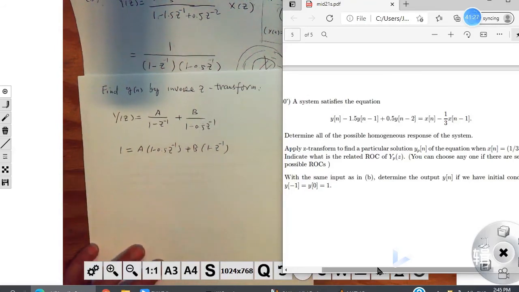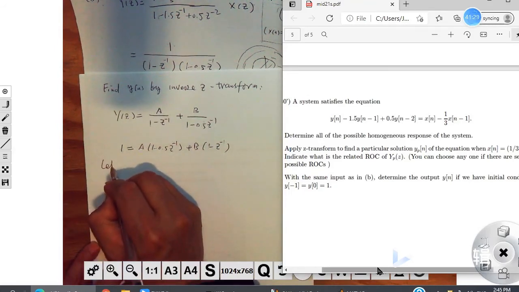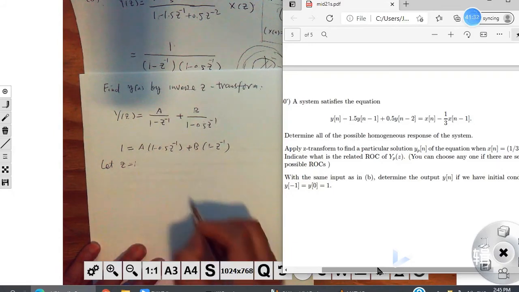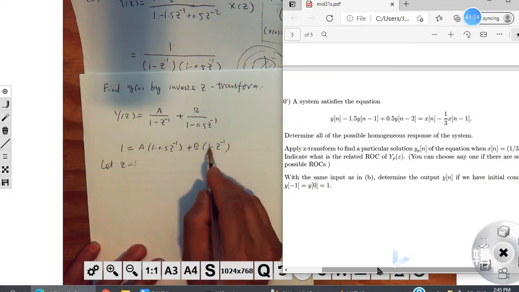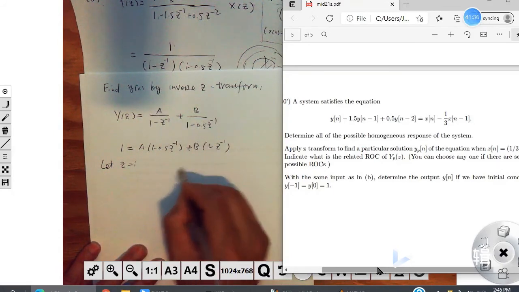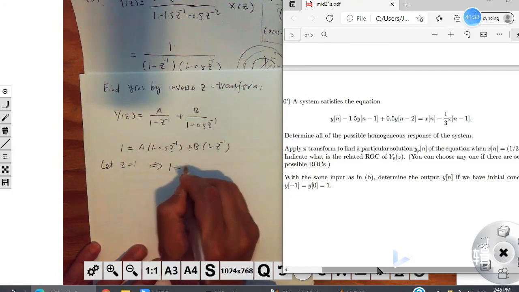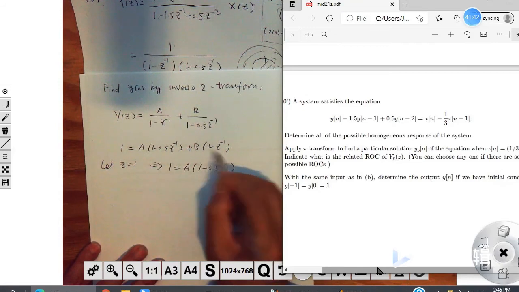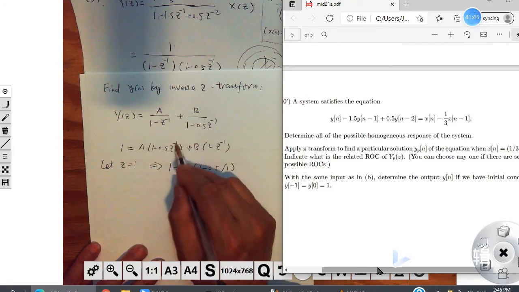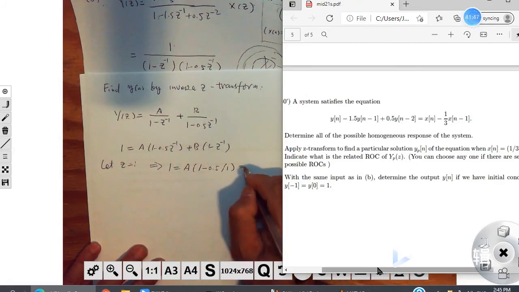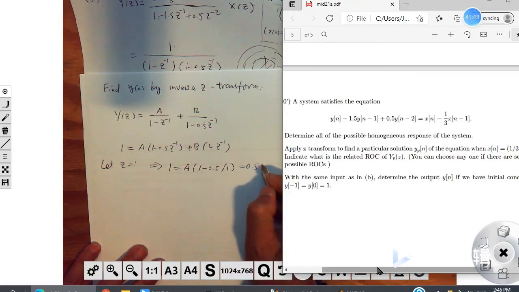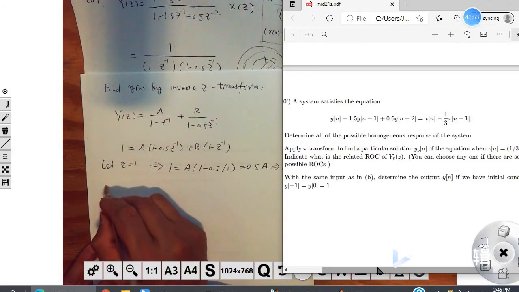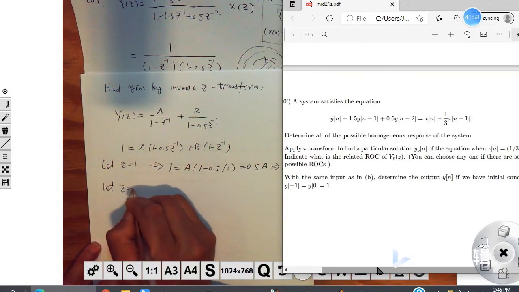Alright, now we let z equal to 1. This is 0. So we have 1 equal to A times 1 minus 0.5 over 1. Right? Z to negative 1 is 1 divided by z. Z is 1. So this is 0.5 times A. Right? So we have A equal to 2. And let z equal to 0.5.